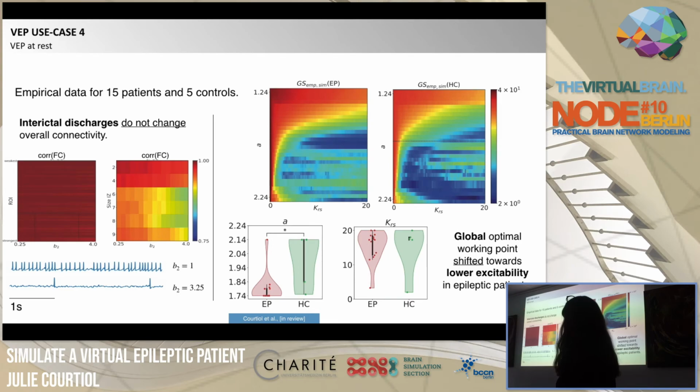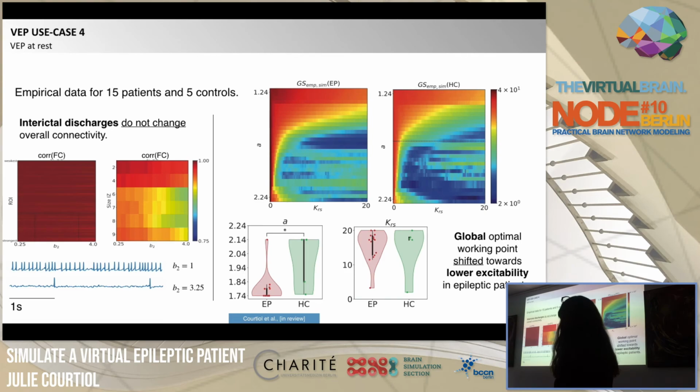Here they perform an exploration to see if, by adding interictal discharges, the functional connectivity will be altered. Here you have the regions ordered by anatomical node strength. And we have used a parameter that allows us to increase or decrease the spike frequency in the model.